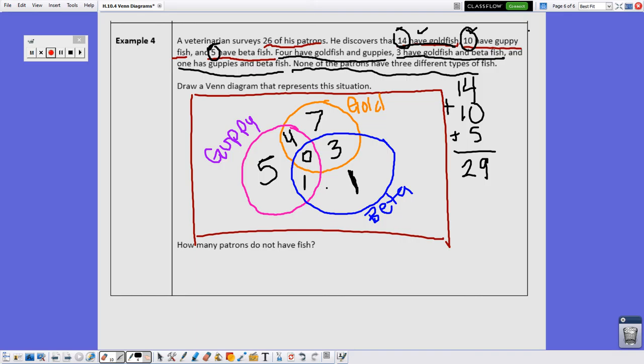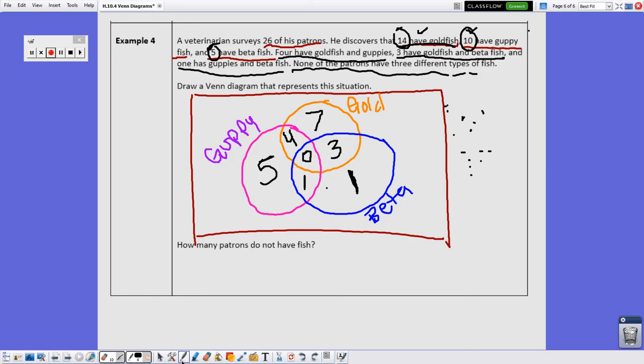And, oopsie, what did I do? Oh my goodness, I counted the overlap. We don't want to count that overlap.